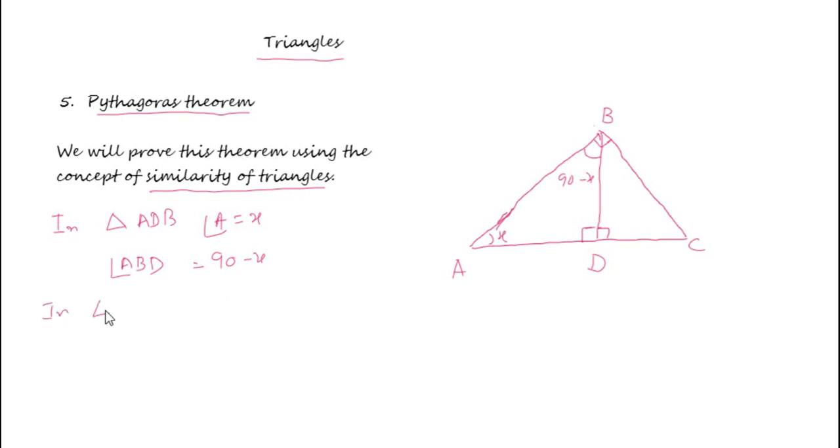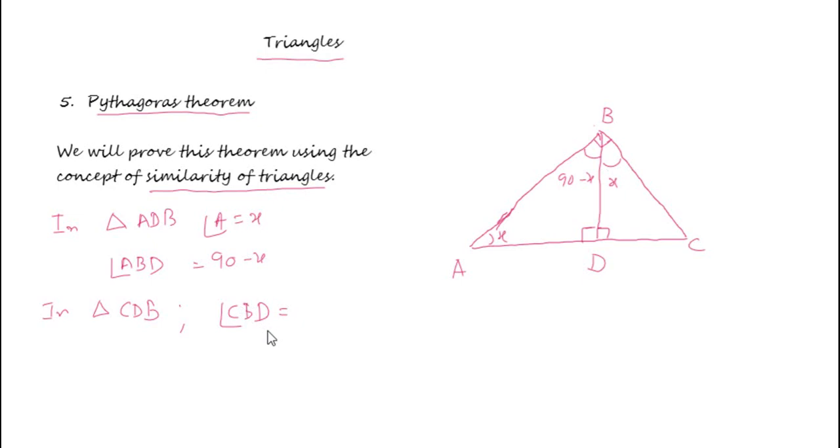In triangle CDB, angle CBD is equal to X, because this entire thing is 90. This is 90 minus X, this is X. If you add this, you will get 90.